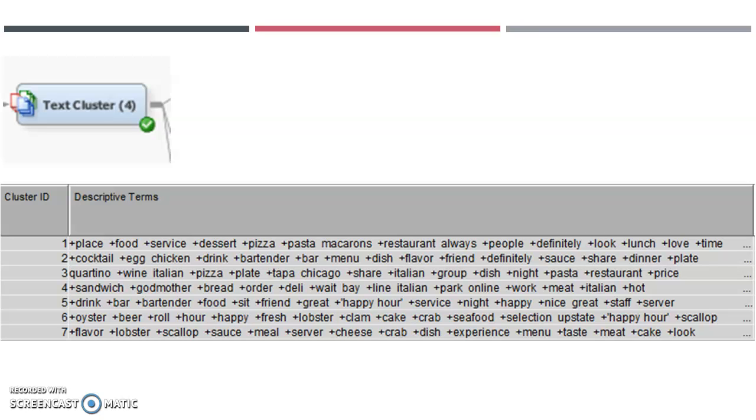And then cluster 7, my largest cluster at 31% of the results, had terms like flavor, lobster, scallop, sauce, meal, server, cheese, crab, dish, experience, menu, taste, meat, cake, and look. Now, this actually sounds like an excellent cluster and things that I would review on Yelp as well.